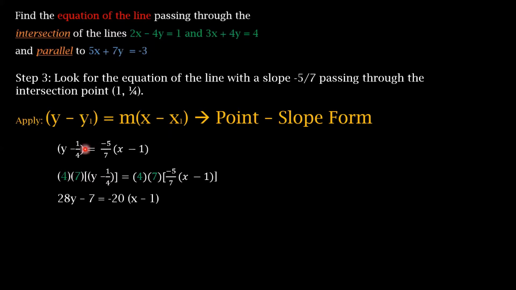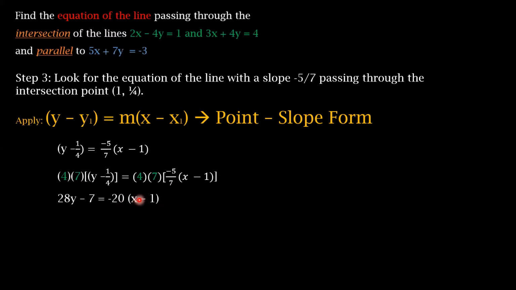Next is 4 times 7 times -1/4. In this case, we can cancel the 4. And that would leave us 7 and -1, and their product would be -7. On the right hand side, 4 times 7 times -5/7, we can cancel the 7. We'll be left with 4 times -5, and that would give us -20.